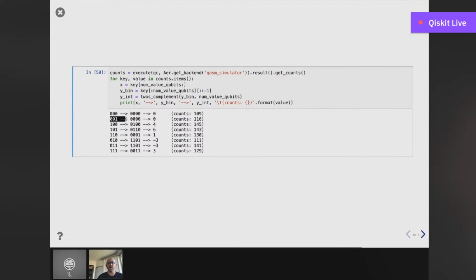If we have 0, 0, 1, then we still get a 0 because the first encode had 2 control qubits, and here we only have 1. And then if you go through that, like for example the 1, 1, 1, there you see that we add up all of them, we end up with a 3 as before. So now we have a superposition state that has all the possible inputs on X and computes this output with this conditional sums as indicated.